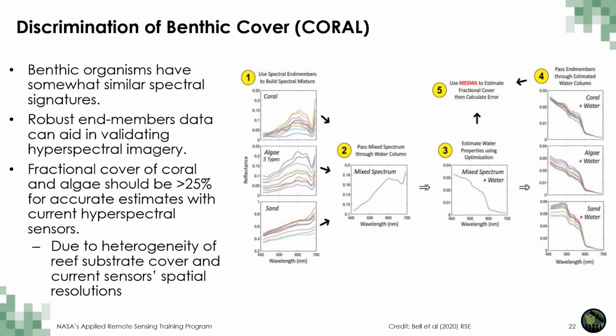Now, previously, we saw a graph with some reef benthic components and their spectral similarities or differences, as well as some of the data collected by the Coral project team.